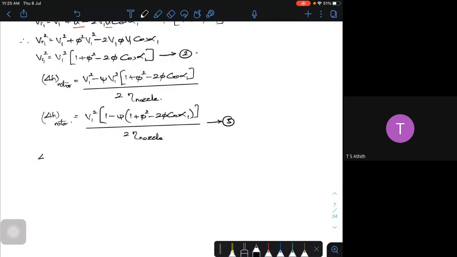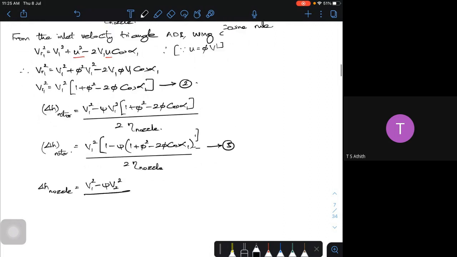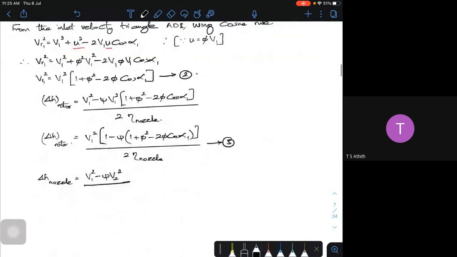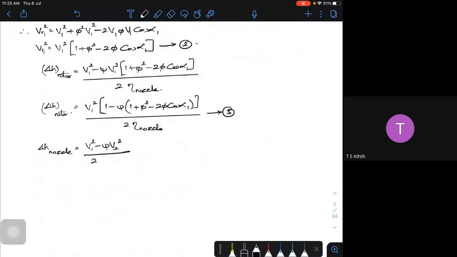Delta H for the nozzle, what would it have been actually? This would have been V1 square minus psi into V2 square divided by 2 times the nozzle efficiency. Now what is your V1?